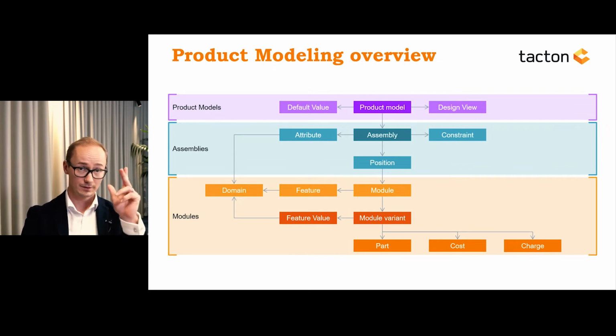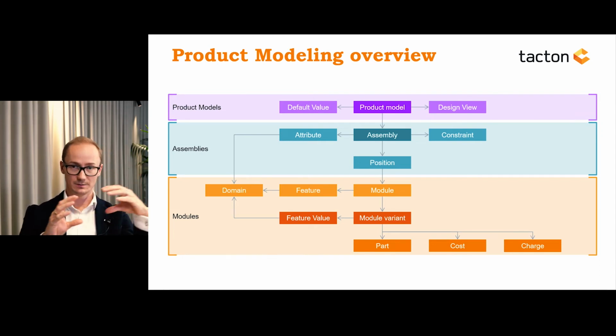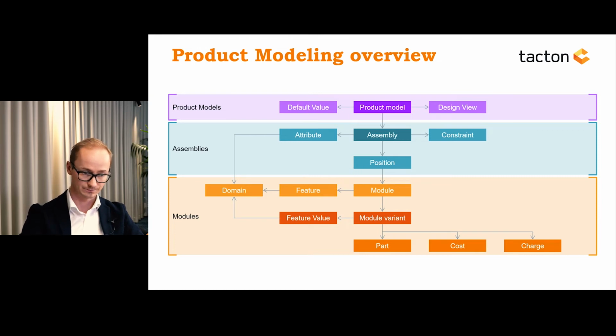So, all right, the three important topics: product models, how you view it to the end users. Then we have the assemblies. What is my product architecture? What are the nodes? And then the modules. What modules do I have? What modules go together with certain assemblies?